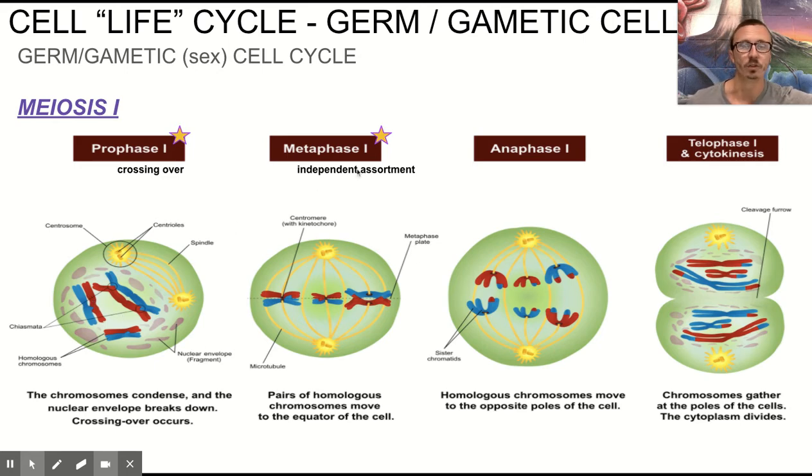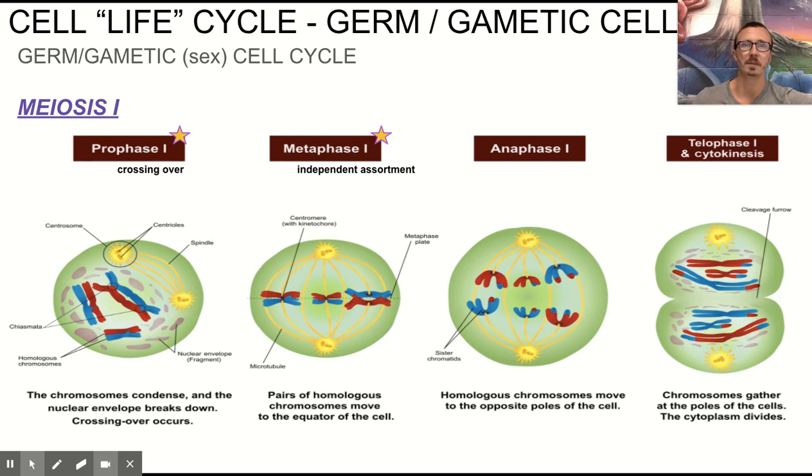And then metaphase 1, right? And it looks similar, metaphase, middle phase. But when the chromosomes line up this time during meiosis 1, they're not in a single file line like they are in mitosis. During metaphase 1 of meiosis 1, these chromosomes line up in the center, but they're still stuck to their homologous chromosome, the homologous pair.